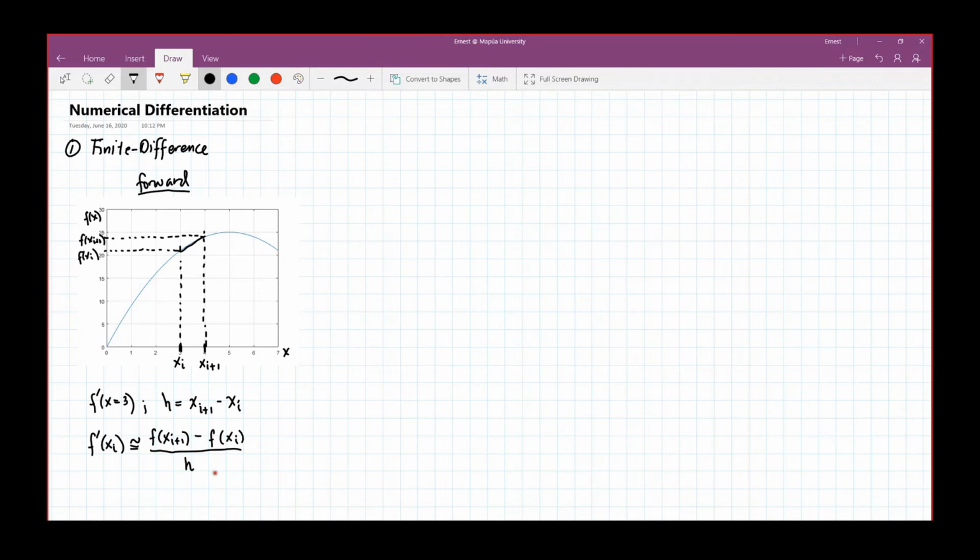So that's your forward difference. Now this is very useful if you know your initial value.